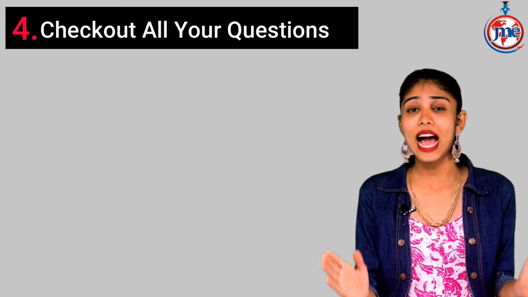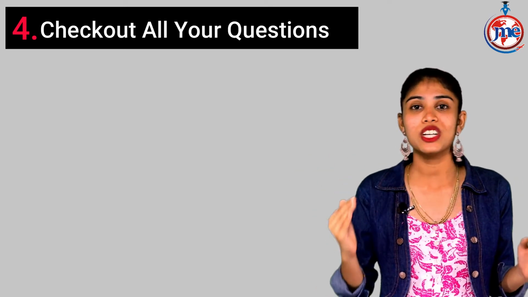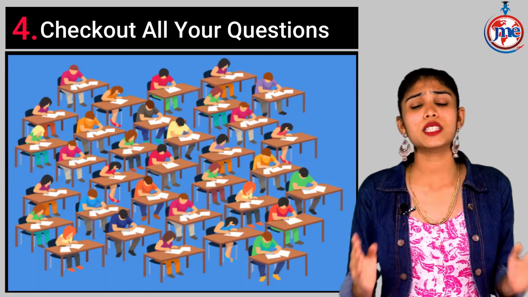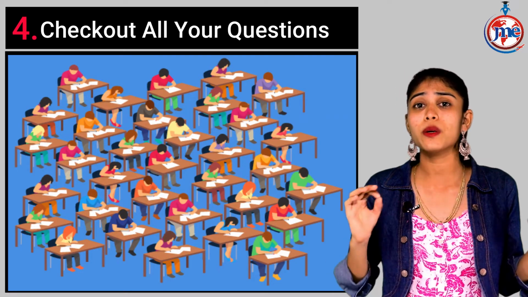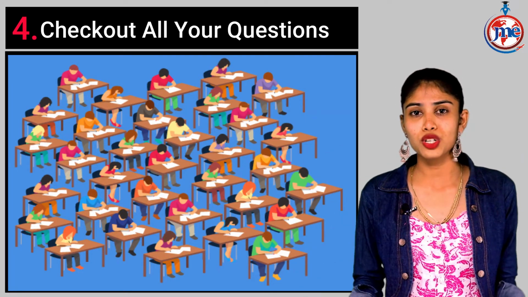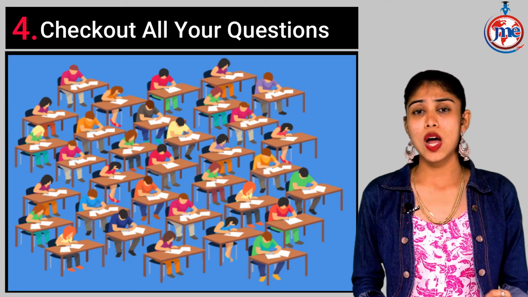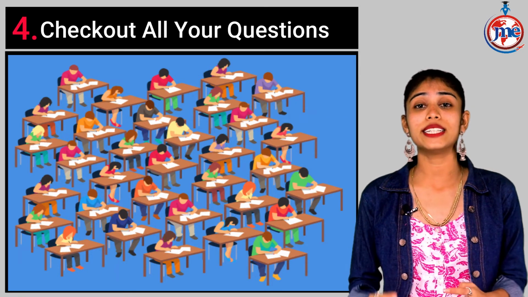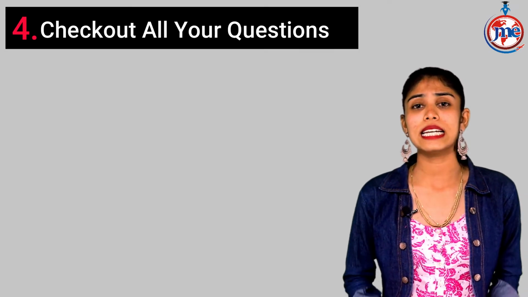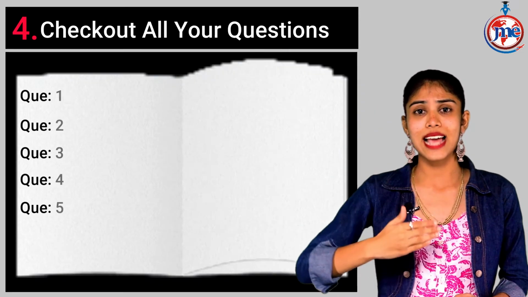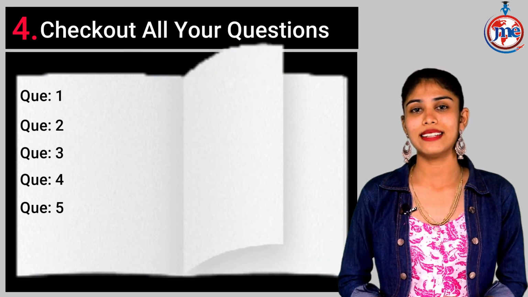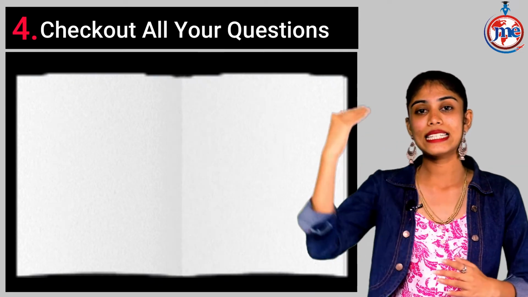Now, the next one is very important, and that is that you have to check where all your questions are, because this problem is faced by most students who do not check where all the questions are. Sometimes on the front side there are questions 1 to 5 and on the other side there are questions 6 to 10.